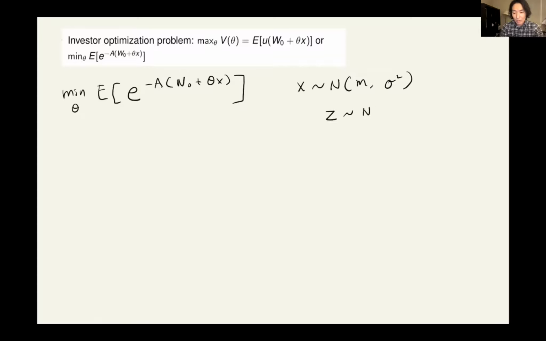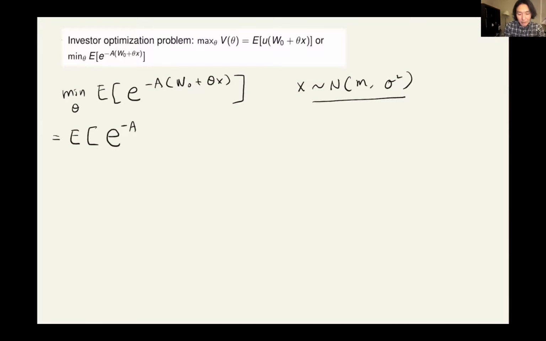normal variable with... okay, I'll just write it in this fashion. Now, then it's the same as, we will come back to this, okay? But let me just rearrange it a little bit.